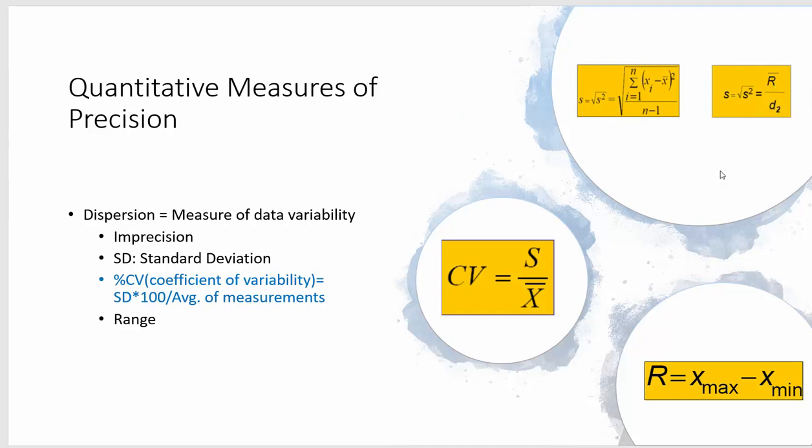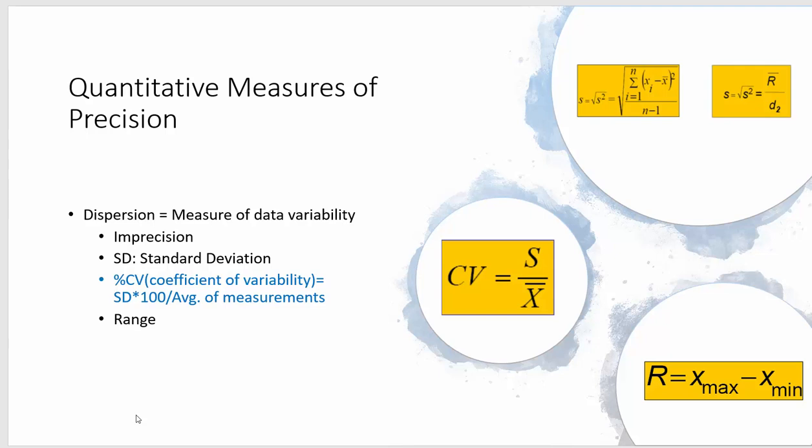But most of the calibration service providers I have seen use a measure called coefficient of variability, or percentage CV. They just calculate the standard deviation and divide that by the average of the results. That's a pretty good measure of variability, but not necessarily the best measure of precision.